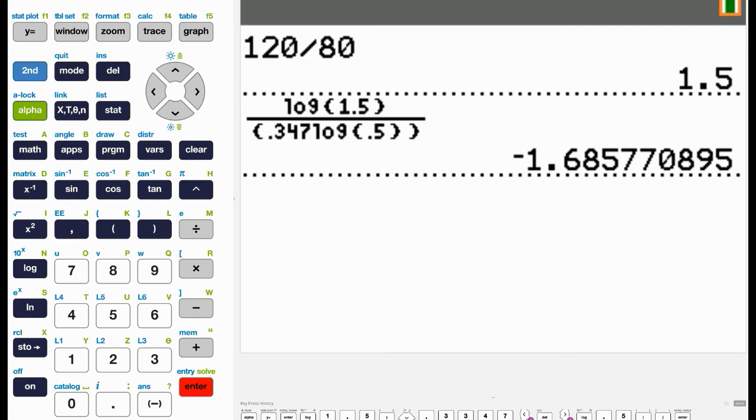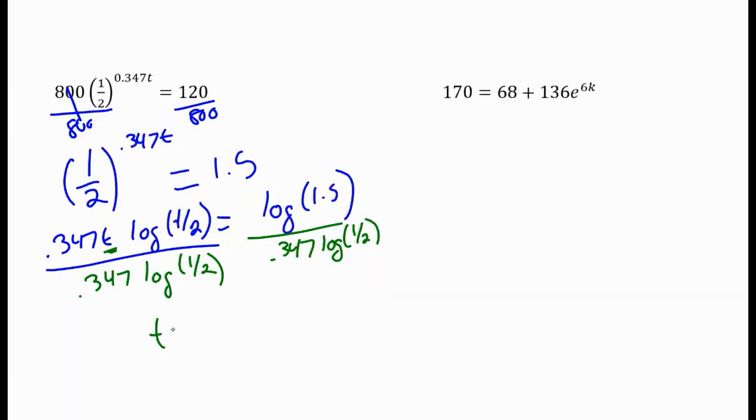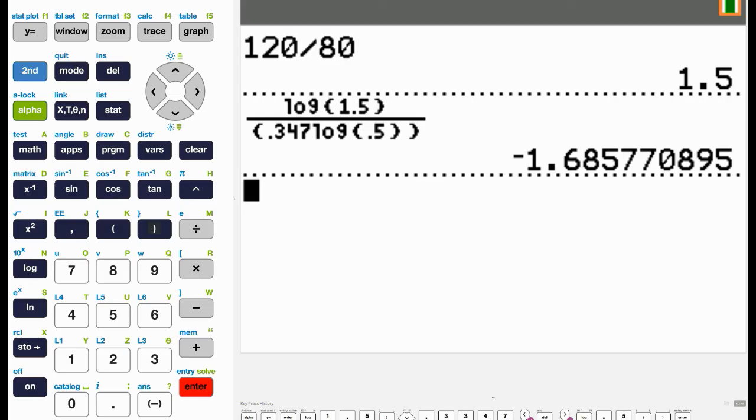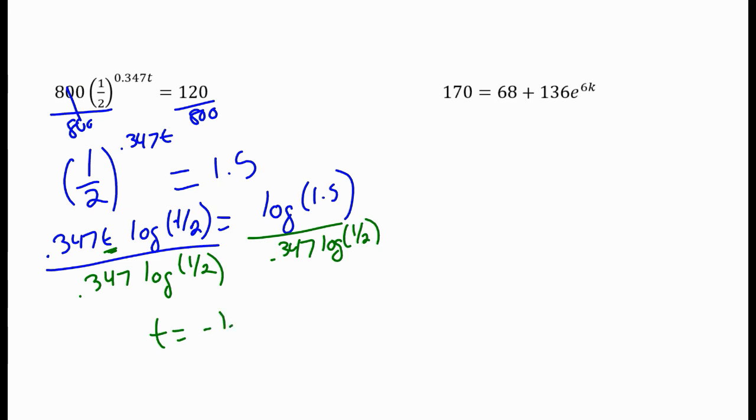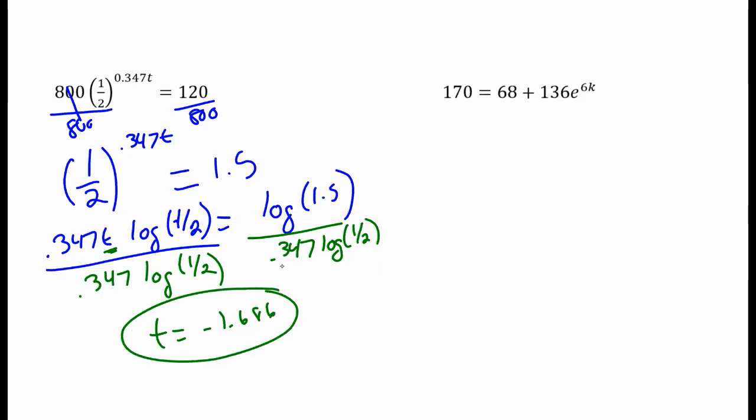You get negative 1.686. So t equals negative 1.686 because I round up there. As a logarithm, that's the answer. That's the answer written as a logarithm. That's the answer when I solve for t and approximate it using my calculator.